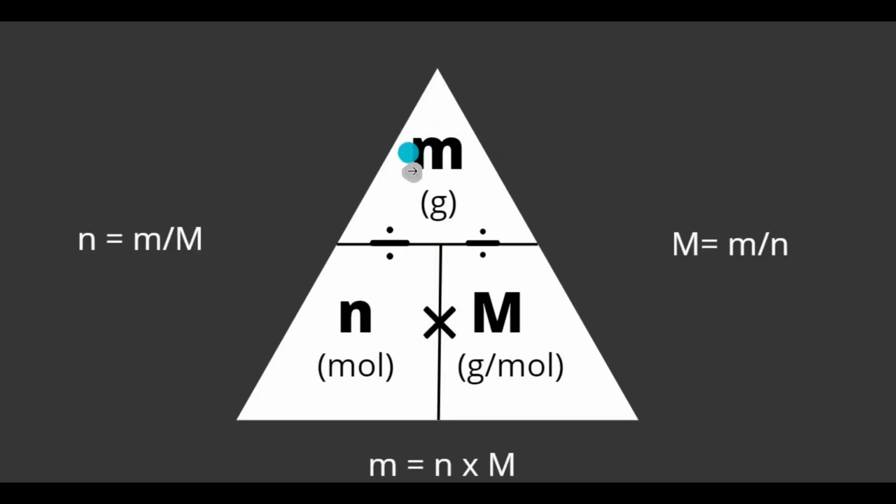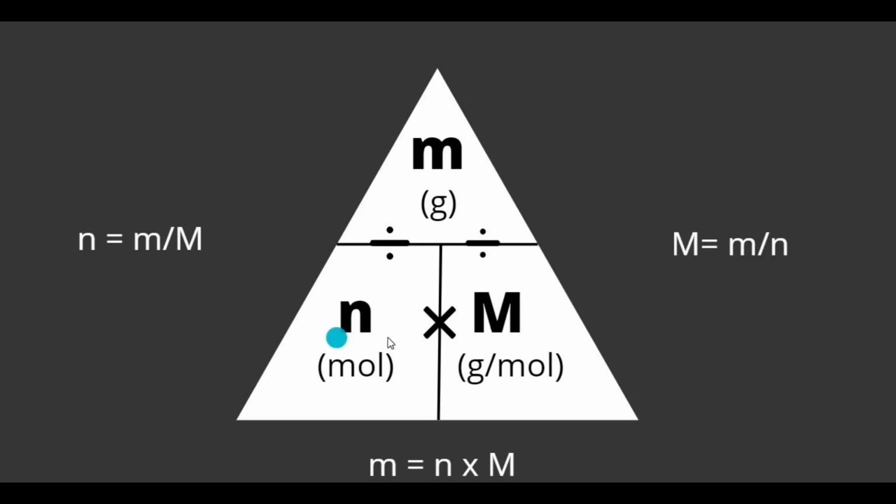Okay, however, let's say I wanted to find the mass. If I want to find the mass, I need to know the number of moles, right? As well as the molar mass, and multiply the two. If I now want to calculate the molar mass, which is big letter M, I need to have the mass divided by the number of moles, right?